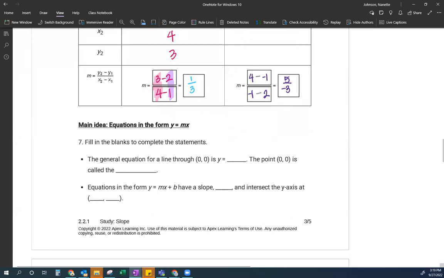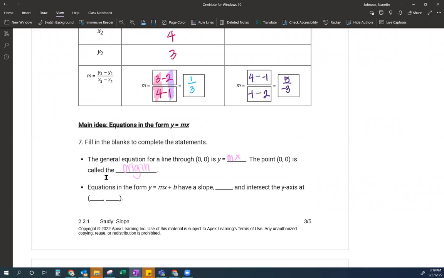Okay, so this next part says, fill in the blank. The general equation for a line through 0, 0 is y equals mx, where m is your slope, right? The point 0, 0 is called the origin, and that's something you knew since probably 6th grade, 3rd grade, not sure.